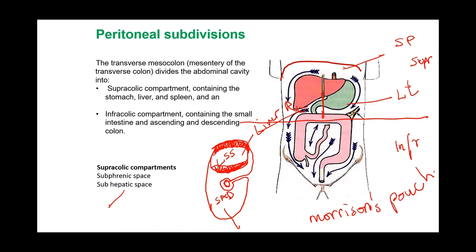Pus can accumulate there. Secondly, air under the diaphragm signifies perforation of a viscus. The subhepatic space has the right part and the left part. The right subhepatic space is also called the Morrison's pouch, while the left subhepatic space is the lesser sac.